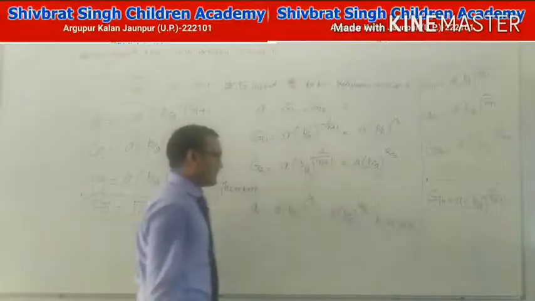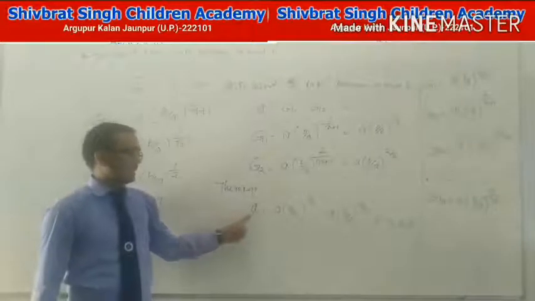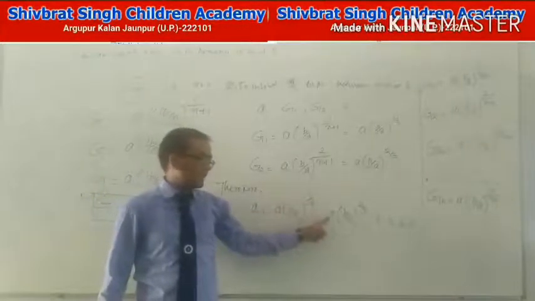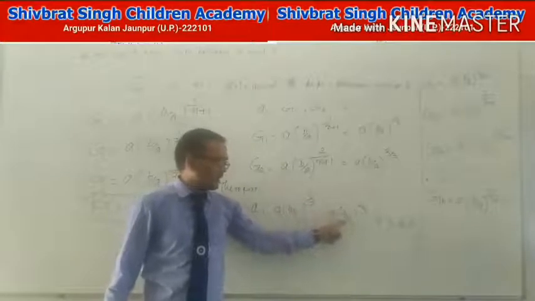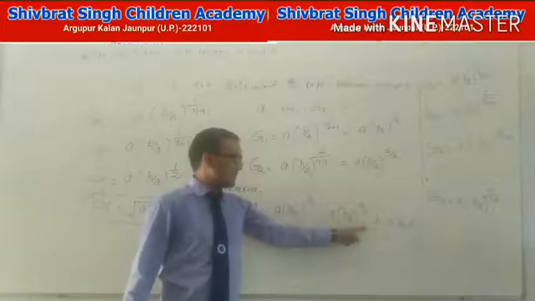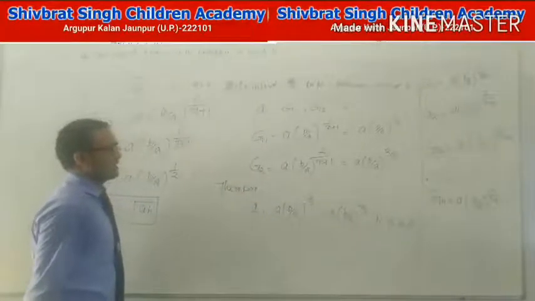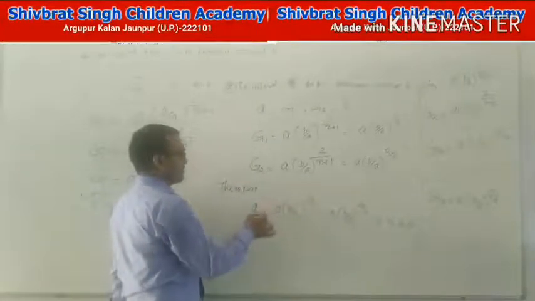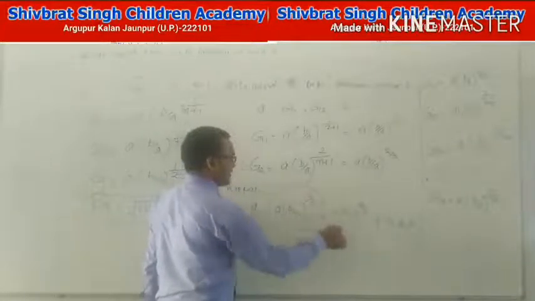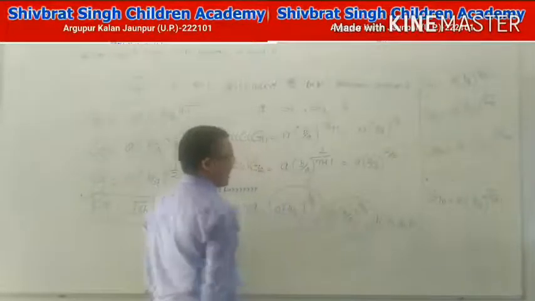You can check it. We can insert two geometric means between A and B: the first is this and the second is this.